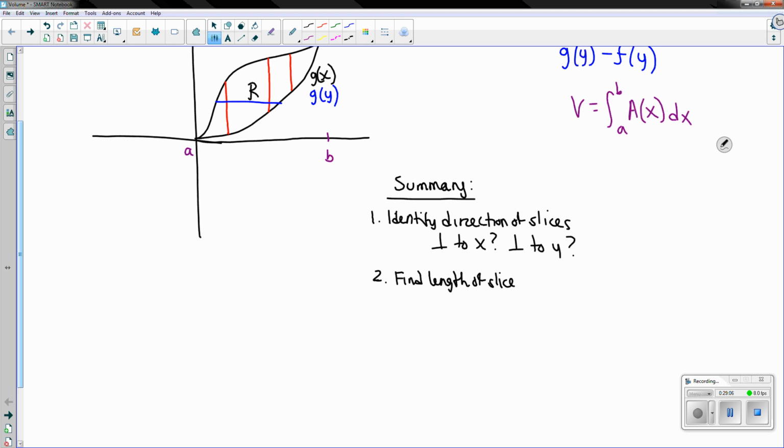But if the region is bounded between two function curves, we know that to find the length of the distance between the function curves is always top minus bottom. So find the length of each slice. And then you want to determine what does that slice represent on your cross-sectional shape.